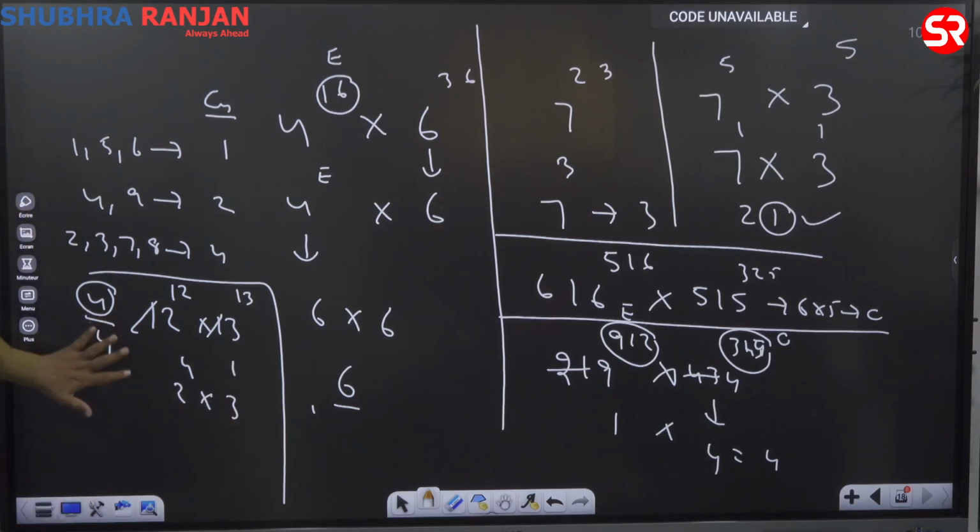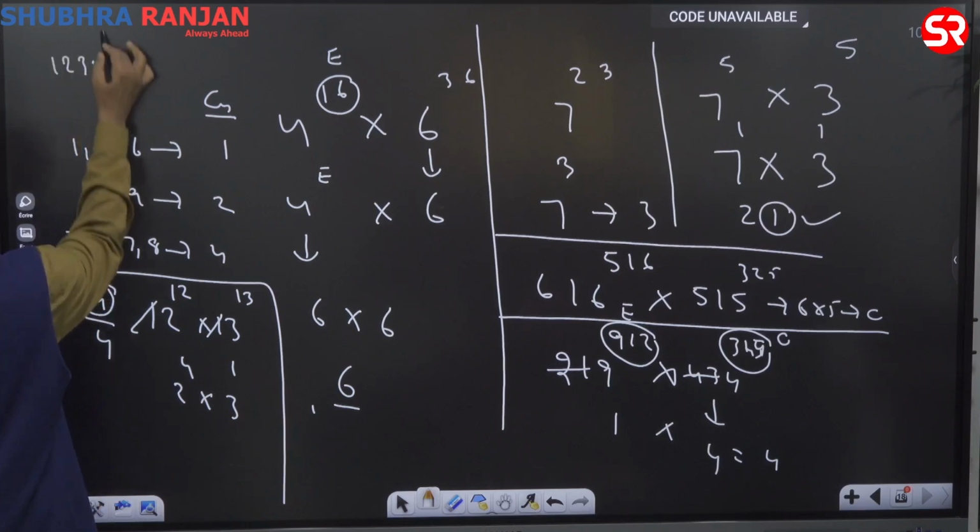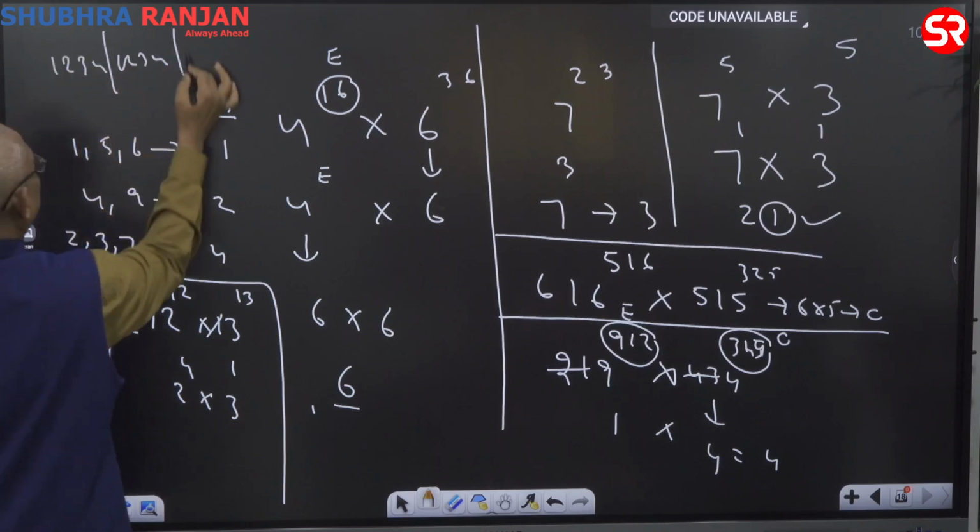Any doubt here? I will explain once again. See, here 12 is there. How many times will the 2 repeat? 12 times. We are taking 4, 4, 4, 4. It will complete. But which one is the last one? Fourth one. 1, 2, 3, 4. Repetition is happening. So 1, 2, 3, 4, then 1, 2, 3, 4, then 1, 2, 3, 4.